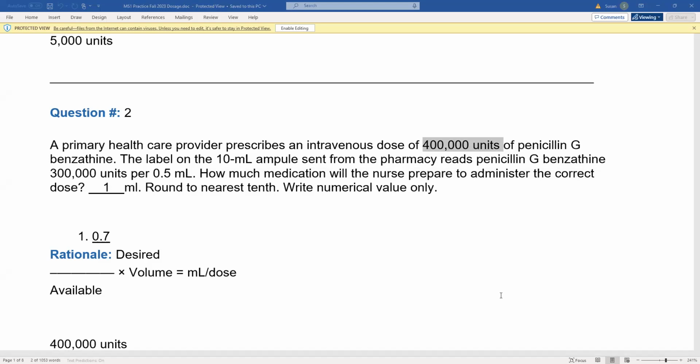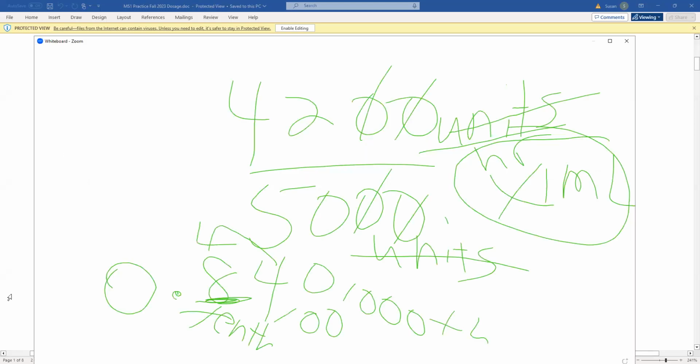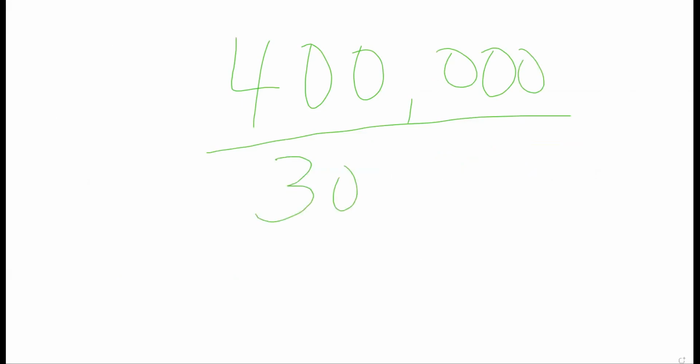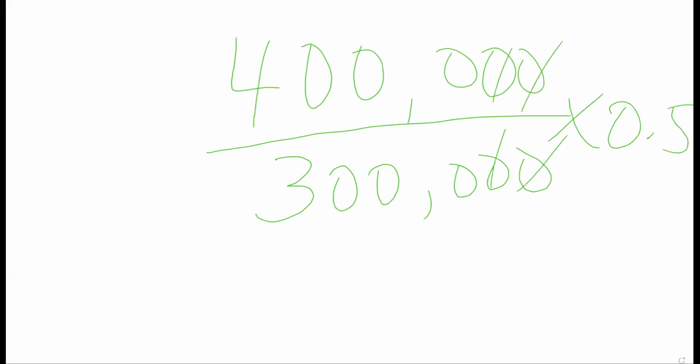So now it's just the math. Now here, I would just get rid of these. If there's an equal number, get rid of them. Make it easy. We already know 3 will go into 4 one time, and there's going to be some change left. So your answer here should be 1 point something.